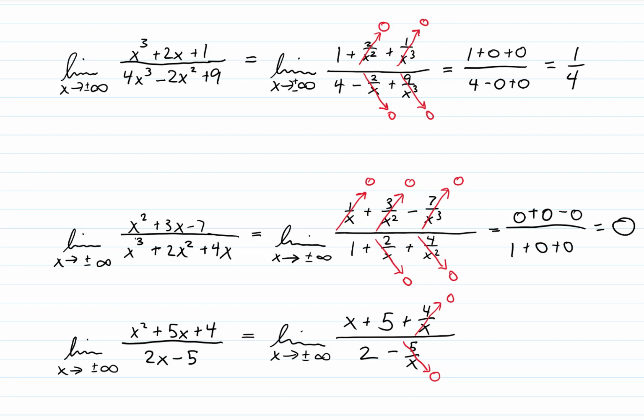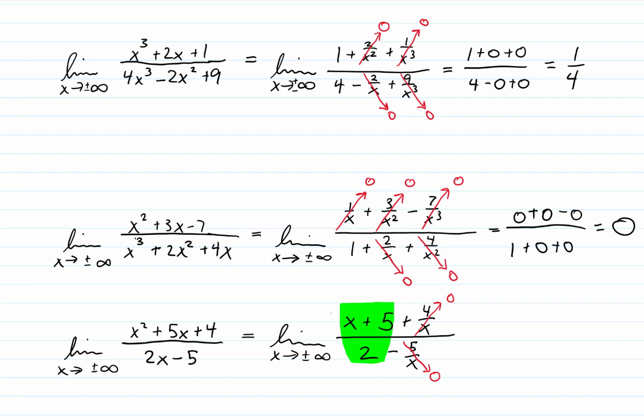But x is getting infinitely big. So x plus 5 over 2 will get infinitely big, correct? Looking just at the parts that do not disappear, you have x plus 5 over 2, right?